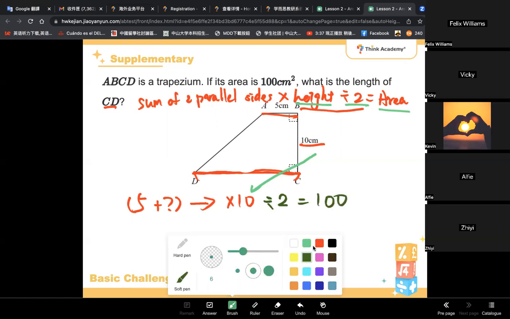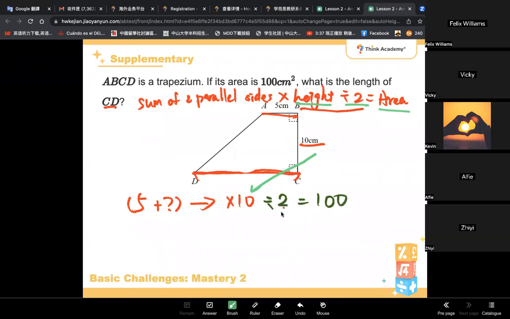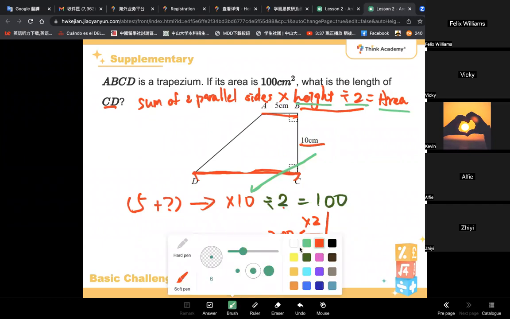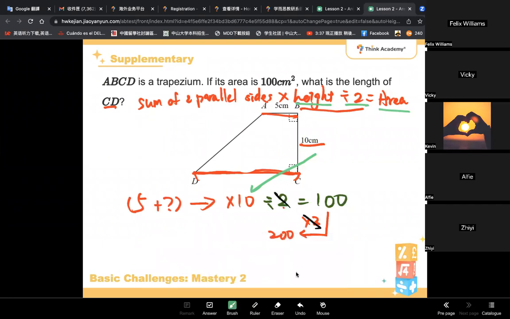So for the number machine, we go backwards. How do we go backwards? We times 2 and we divide by 2 in the beginning and we times 2 back, right? Times 2, we have 200, so we can cancel it. And then we divide it by 10.